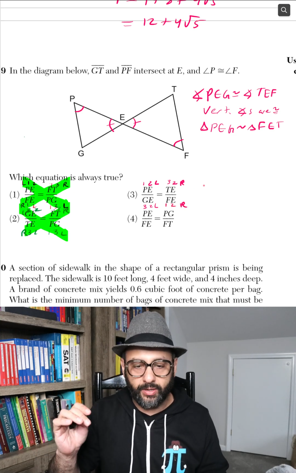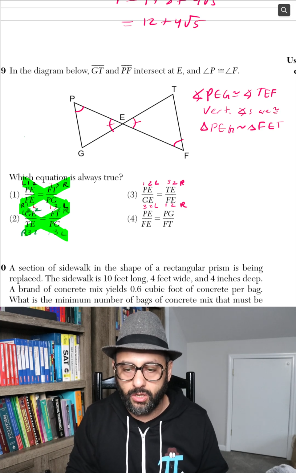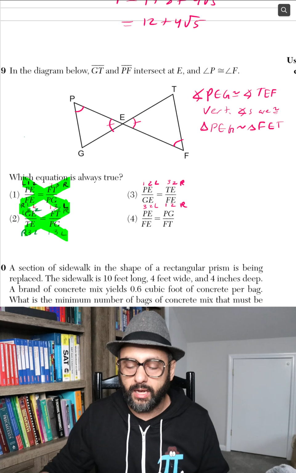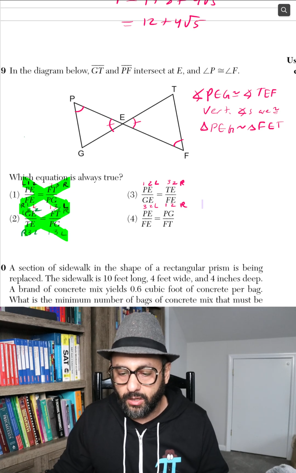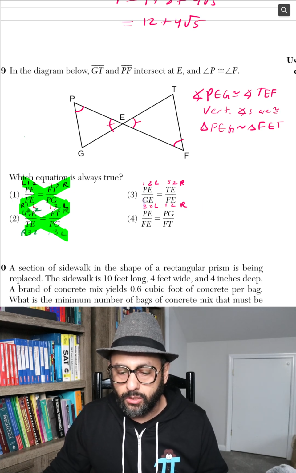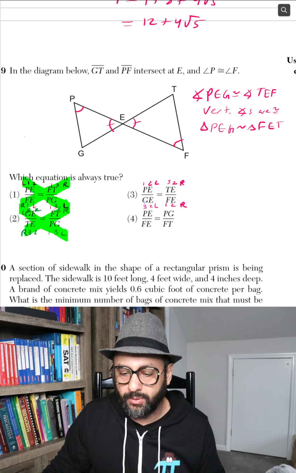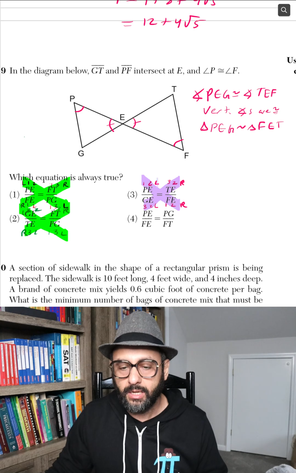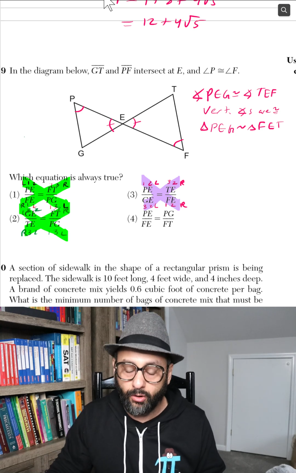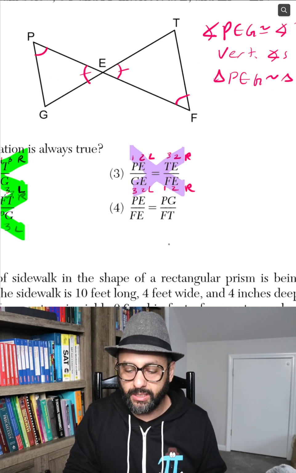So right side over right side is okay, and left side over left side is also okay. However, 3 and 2 are on opposite parts of the fraction: bottom on the left, top on the right. And 1 and 2 is top on the left and bottom on the right. So this one's not correct. Leaving, most likely, hopefully, the correct answer being choice 4.